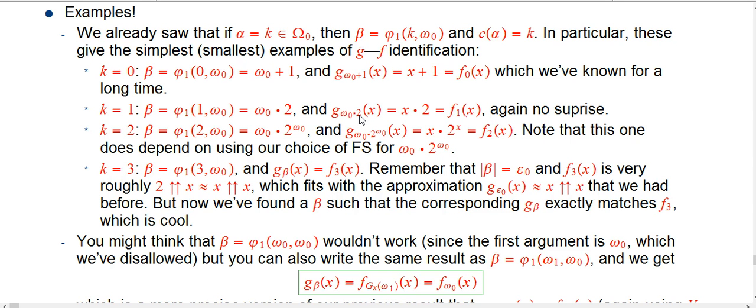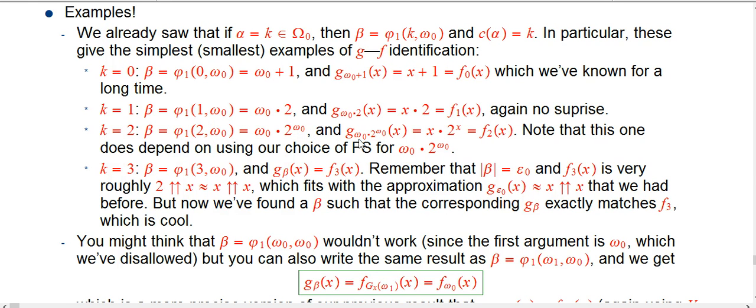Notice that we don't have to do anything clever yet with tree ordinals. The fundamental sequence pretty much everybody would describe for omega naught plus 1. Well, actually that's not even a limit ordinal, that's a successor. But the fundamental sequence everybody would describe for omega naught times 2 exactly gives this answer for the g. K equals 2, though, it gets more interesting. Phi1 of 2 omega naught, remember, is omega naught times 2 to the omega naught.